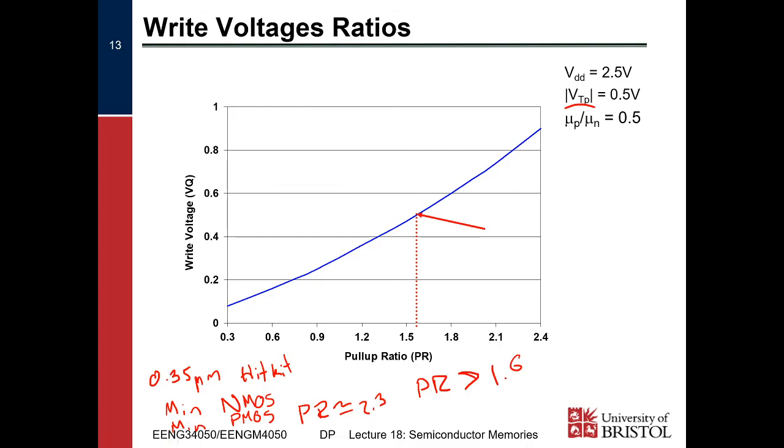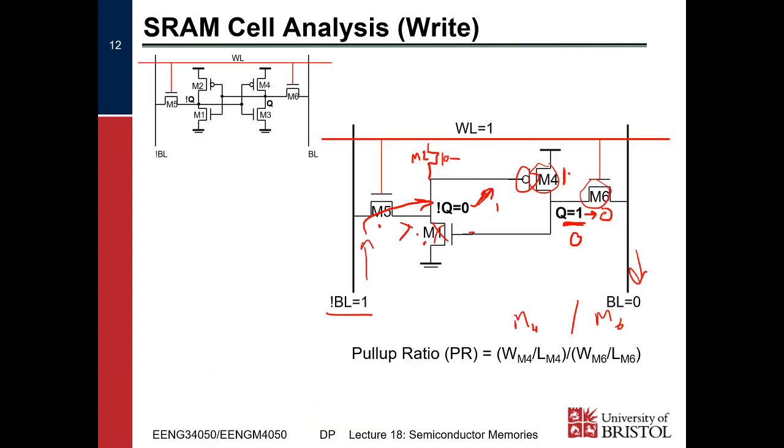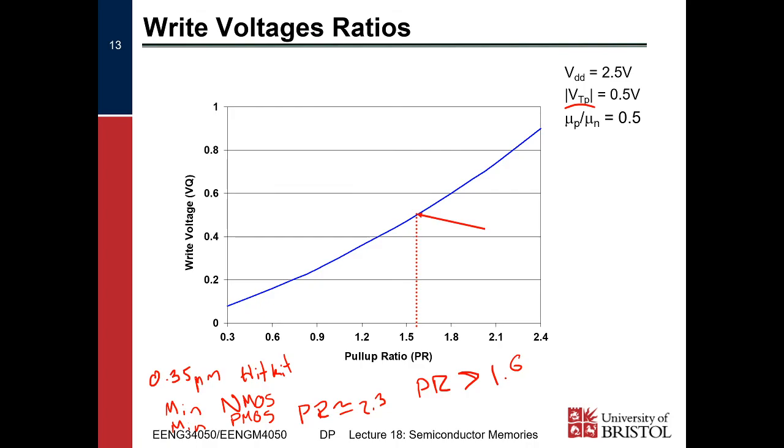So we've easily satisfied the pull-up ratio requirement for our cell, purely due to the fact that the PMOS has a lower electron hole mobility.